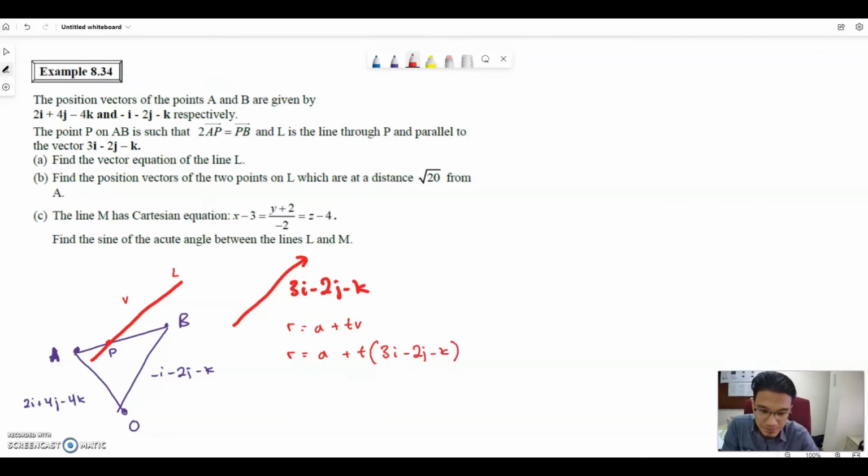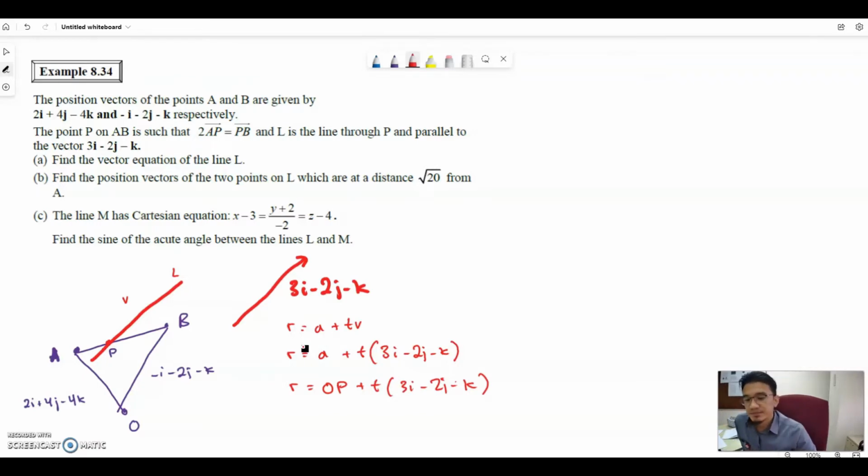A is the vector OP, so r equals OP plus t(3i minus 2j minus k).